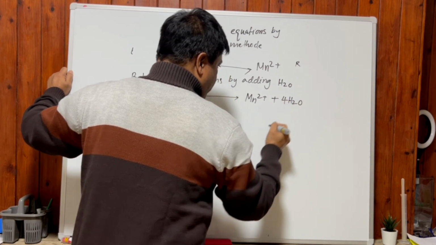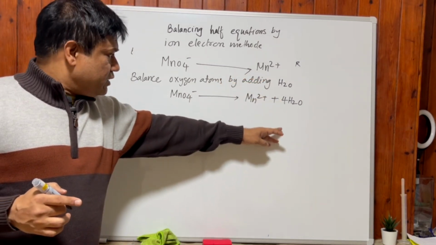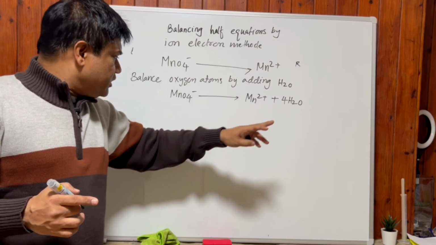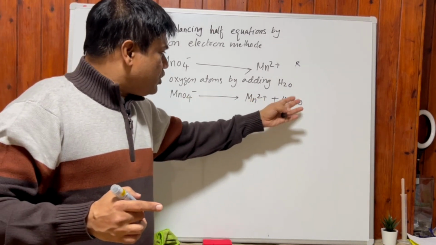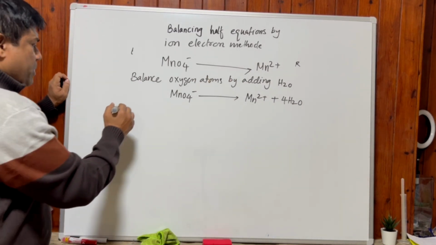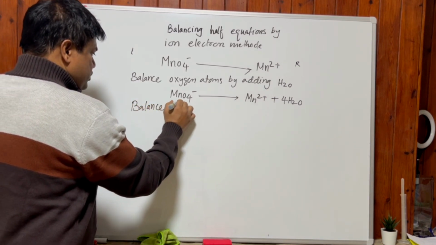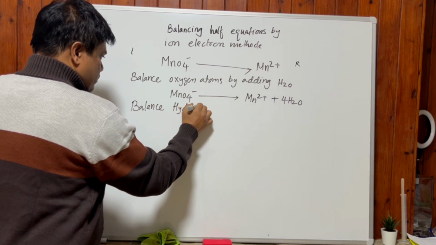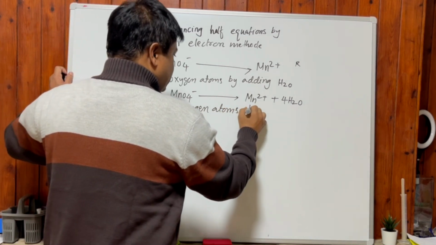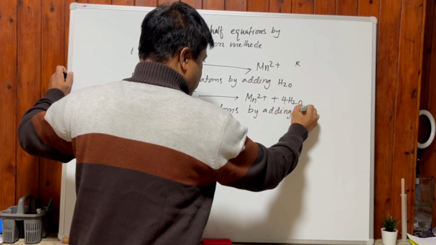4H2O. When you add 4 water molecule on the right hand side, hydrogen atoms get exceeded, or we have hydrogen atoms on the right side. How can we balance hydrogen atoms? Balance hydrogen atoms by adding H plus ion.